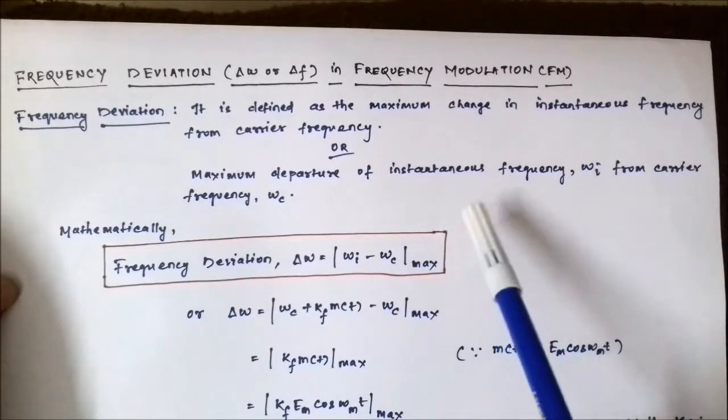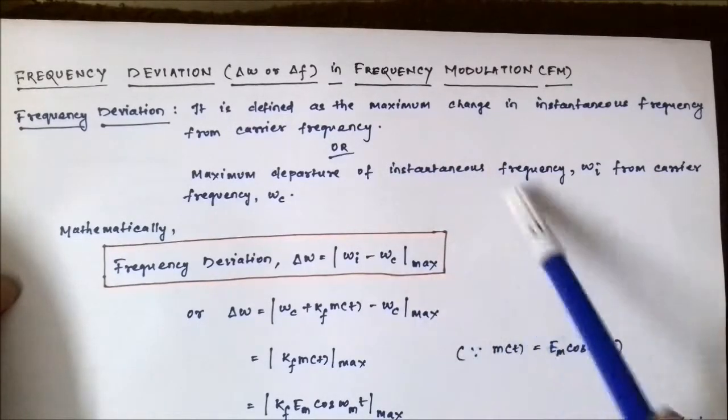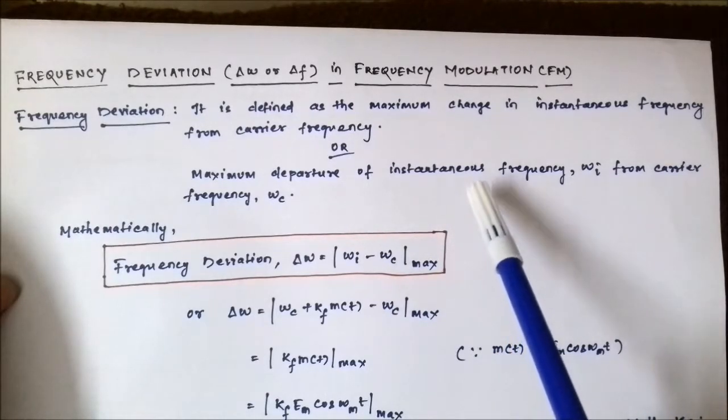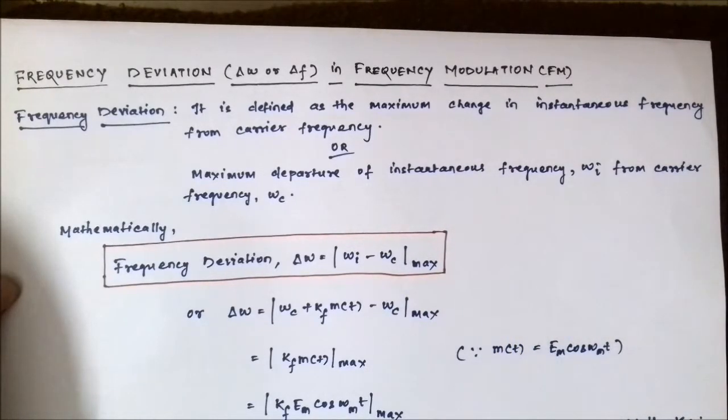The departure occurs because in frequency modulation the carrier frequency is altered proportional to the message signal. So the maximum frequency change that can happen is given by the frequency deviation.